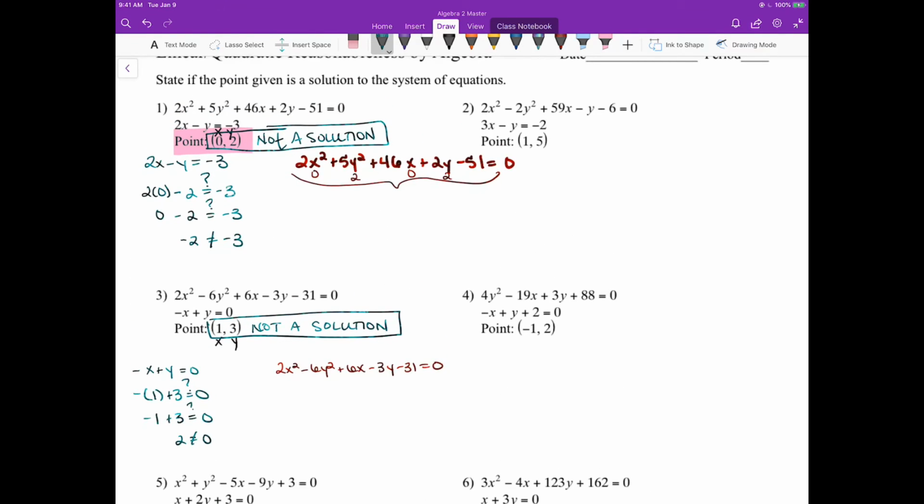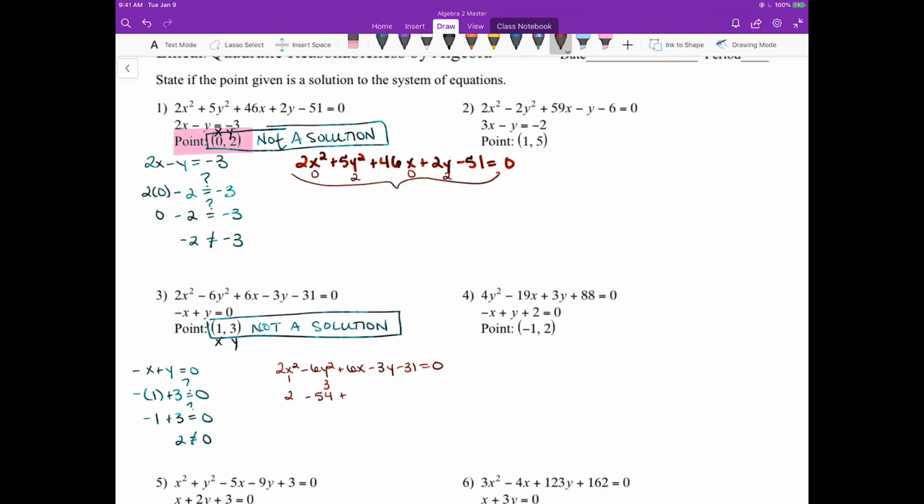So you continue substituting in the points for x and y. We've got, let's see what would happen if we put 1, this would be 2, and if we put 3 in here, that would be 9. 9 times 6 is negative 54.